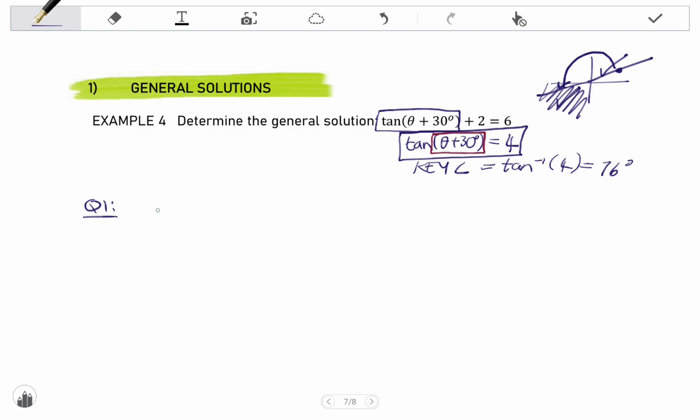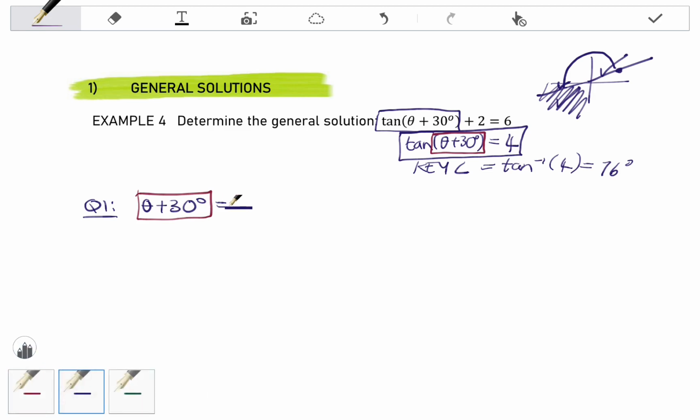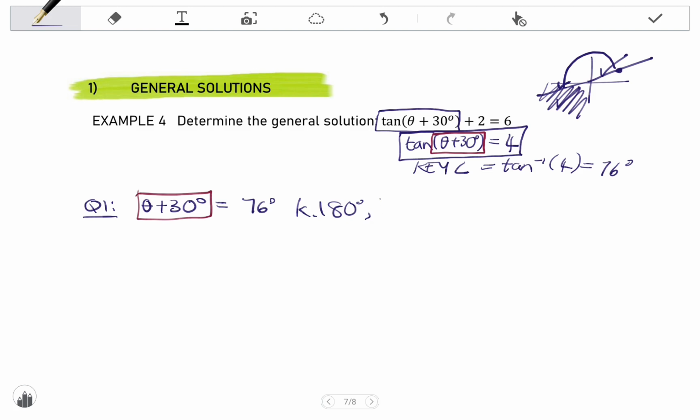So quadrant 1, I start with the angle. Now this is where the whole full angle comes into play. Angle equals, the first quadrant is just my key angle plus k times the period, where k is an element of integers.